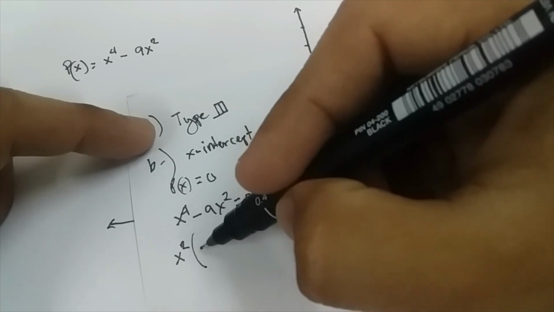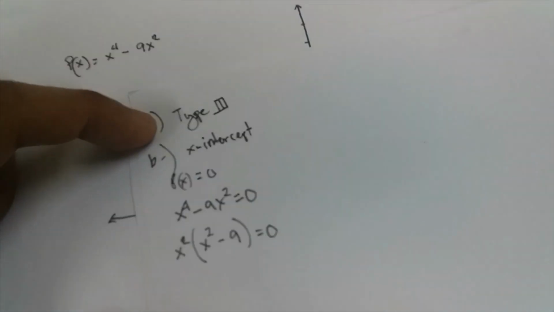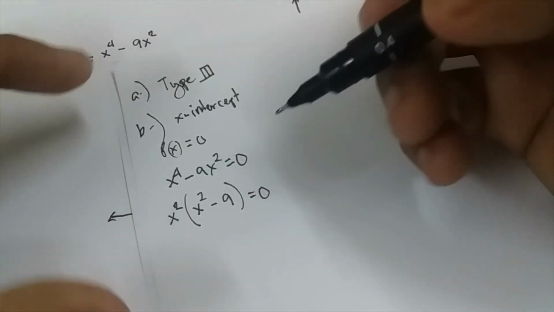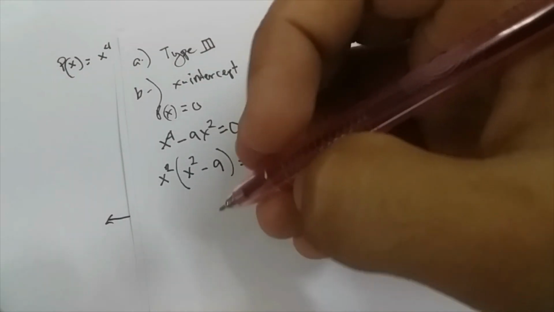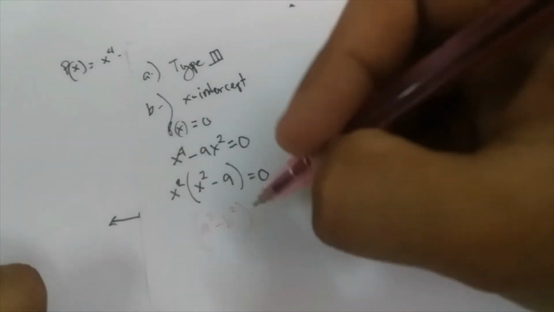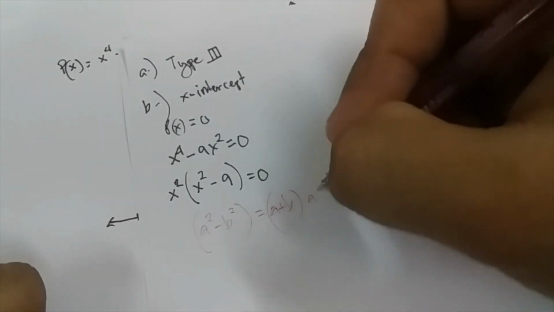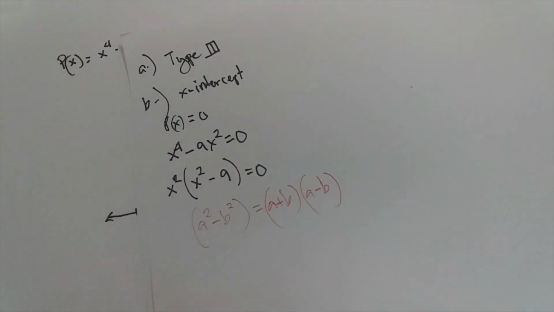So it becomes x squared times x squared minus 9 is equal to 0. Notice also that x squared minus 9 follows the property a squared minus b squared, so it can be written as a plus b, a minus b. Okay, so we'll follow that pattern.